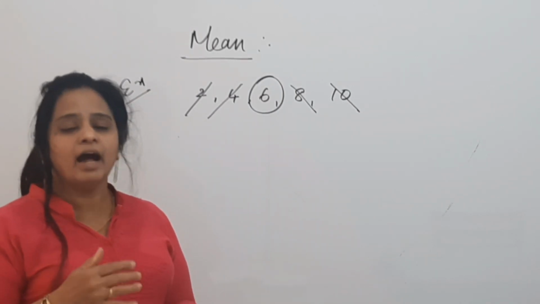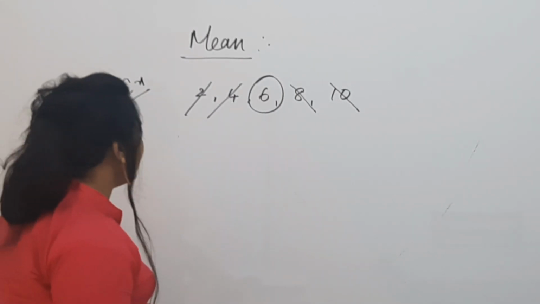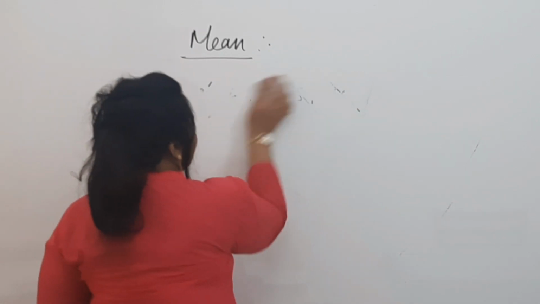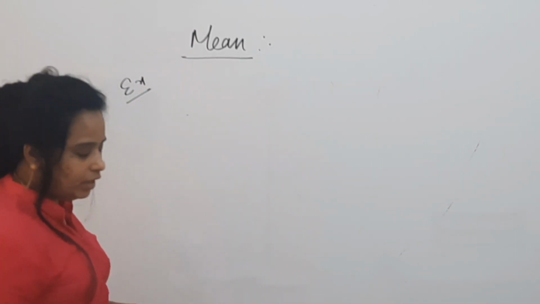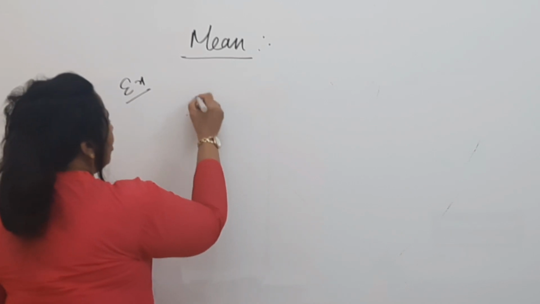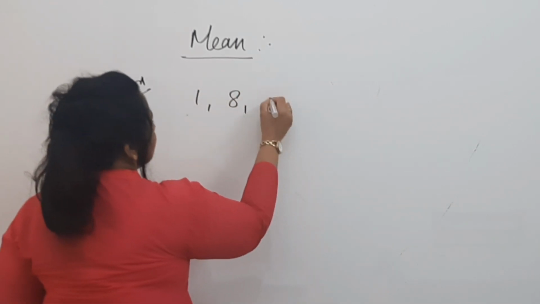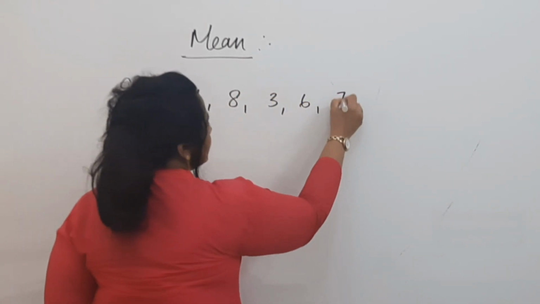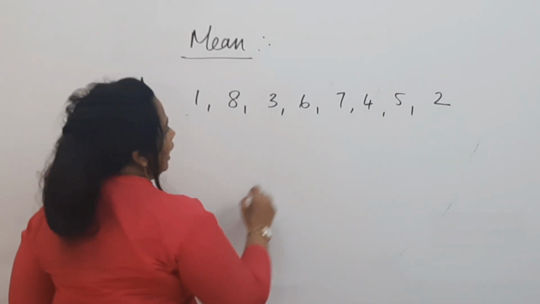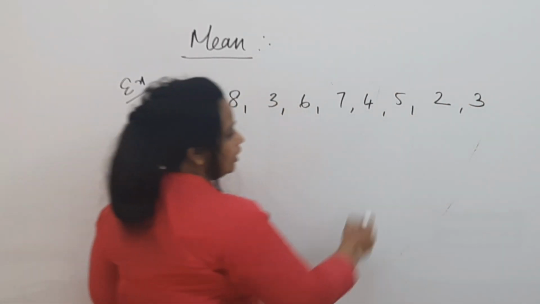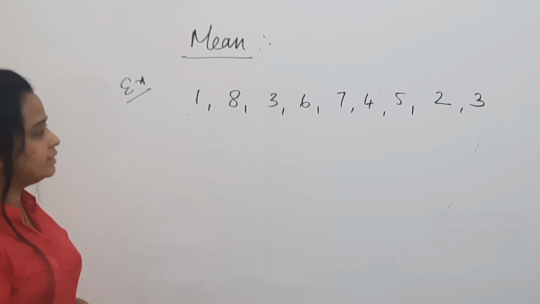Now I'll give another example, where the data are given in a random manner. The data are 1, 8, 3, 6, 7, 4, 5, 2, and the last data is 3.